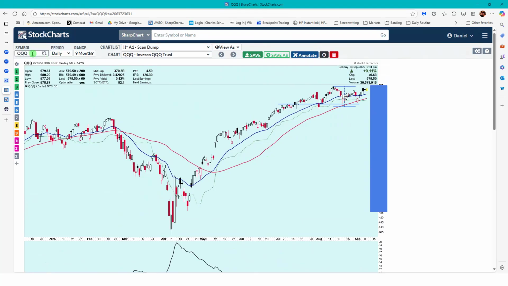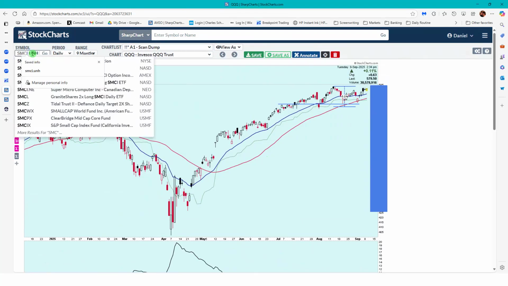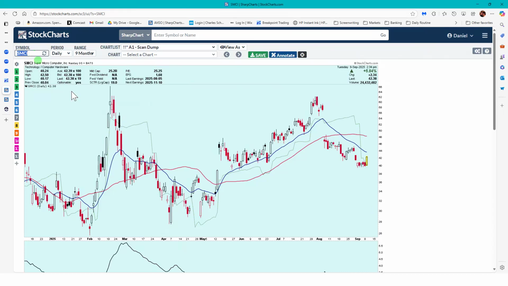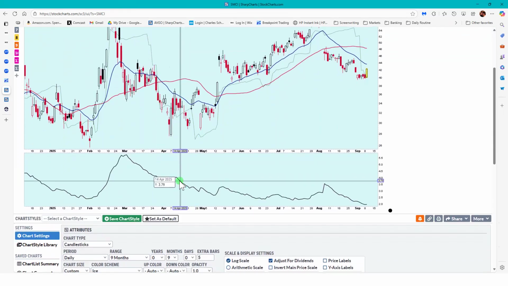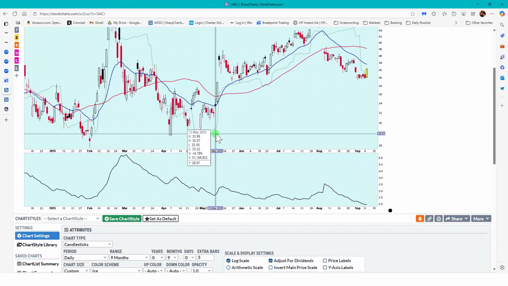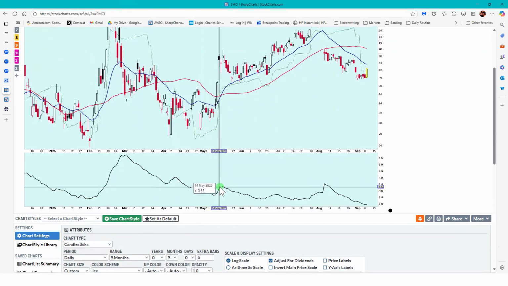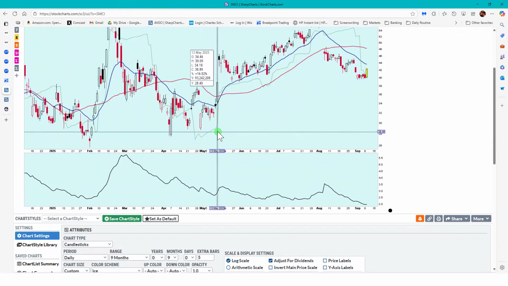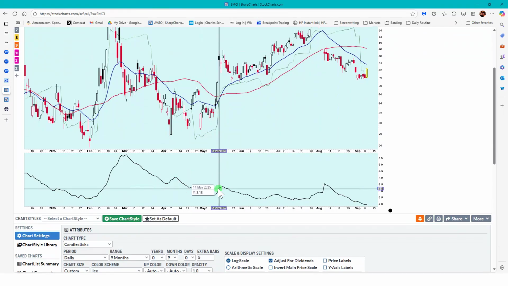Let's look at a different stock. Let me see if I can pick one that's more volatile. Let's see, SMCI. So SMCI now, let's say this one right here. This one it closed at 38.89, and this was about $3.